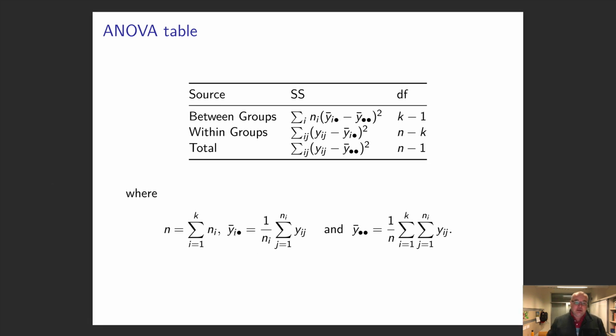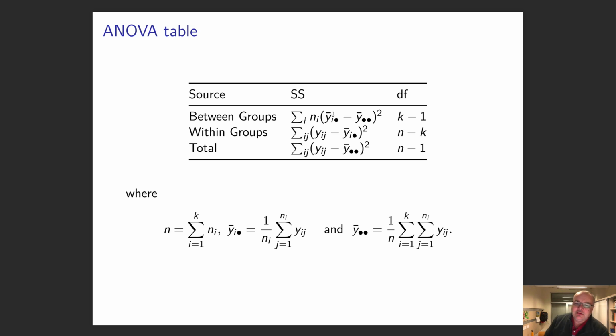The same again for y-bar i dot: the bar tells you it's a sample mean, and the dot says I've summed over the second subscript, which is the j. So in this first line, we look at the sample mean for each group, the distance from that to the overall mean, square it and add them all up.